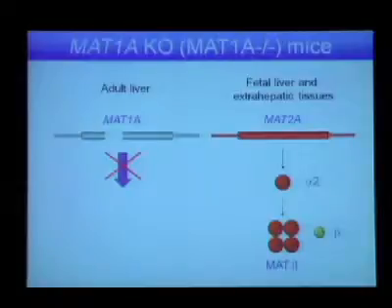This gene, MAT1A, starts expressing just after birth. So if there is any alteration in the liver associated with a deficient S-adenosylmethionine production, it would be just after birth.